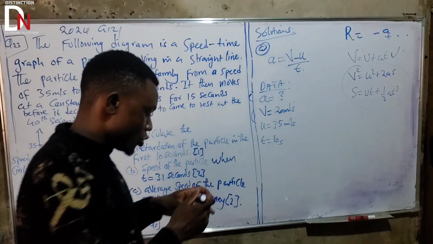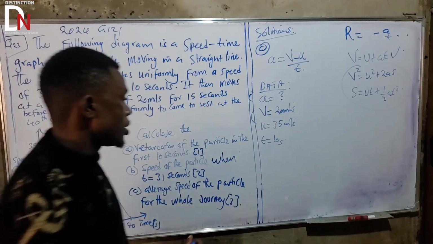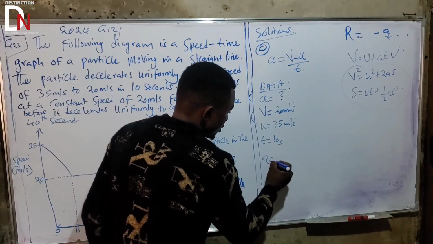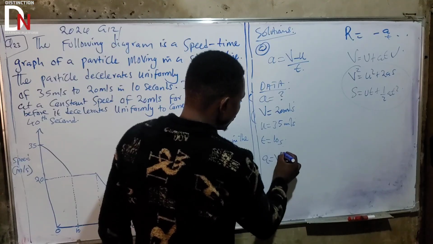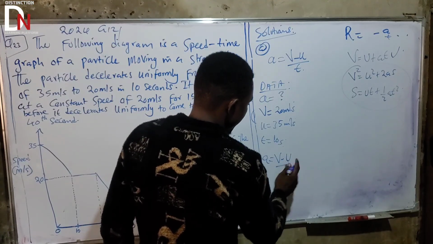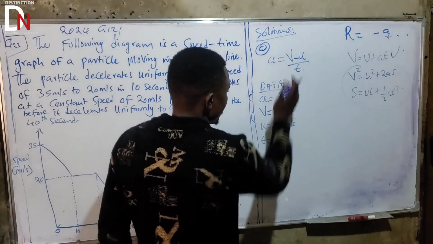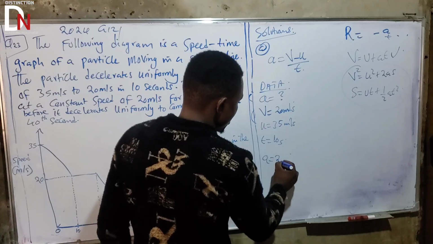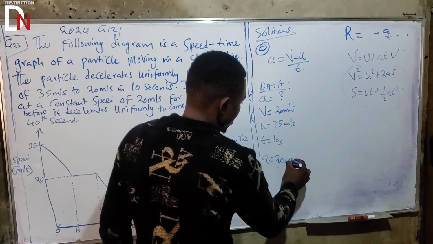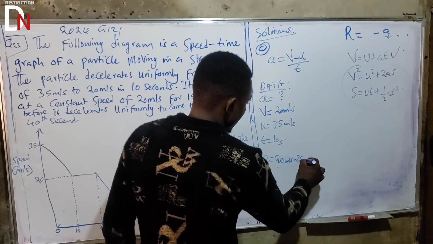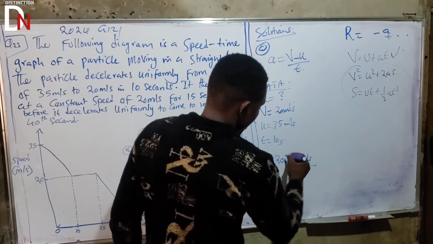From here, I should be able to substitute. Acceleration is equal to v minus u divided by t. My final velocity is 20 meters per second minus 35 meters per second, the time is 10.